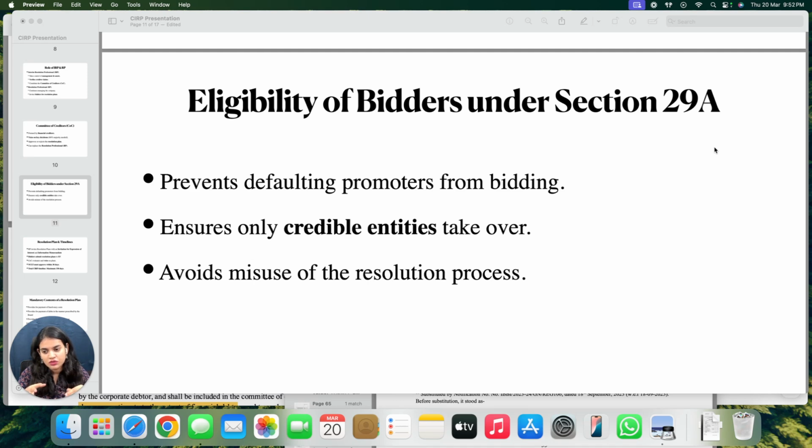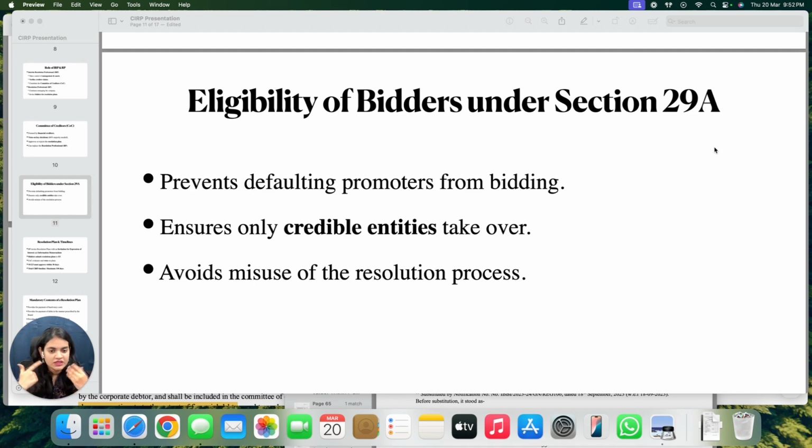So any person who is ineligible under 29A will be excluded, and only the other people may submit a resolution plan. This 29A was brought in to prevent defaulting promoters of the corporate debtor from getting into the process again, or any other person who has a history of defaulting from bidding in the process, which ensures only credible entities take over.